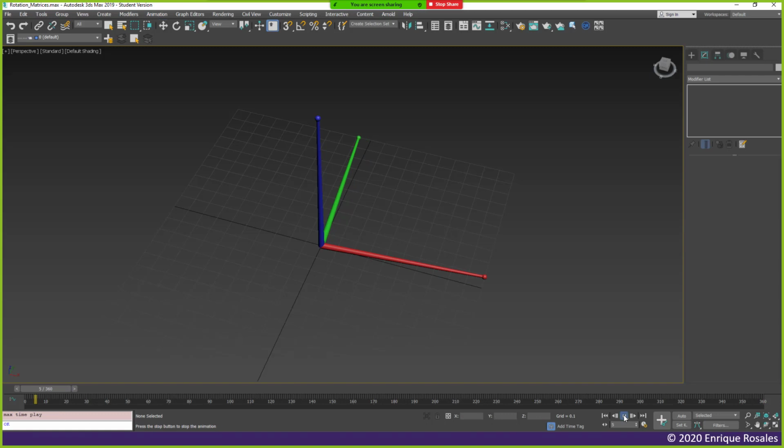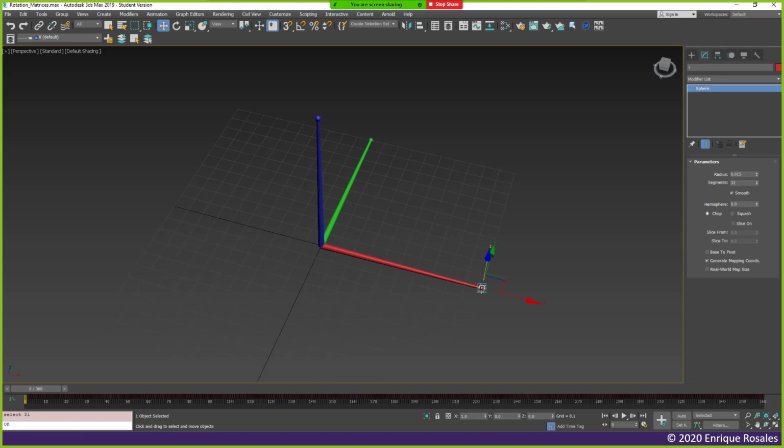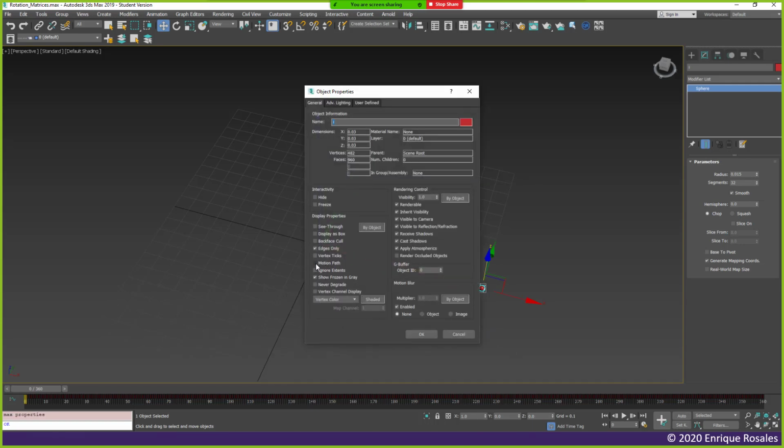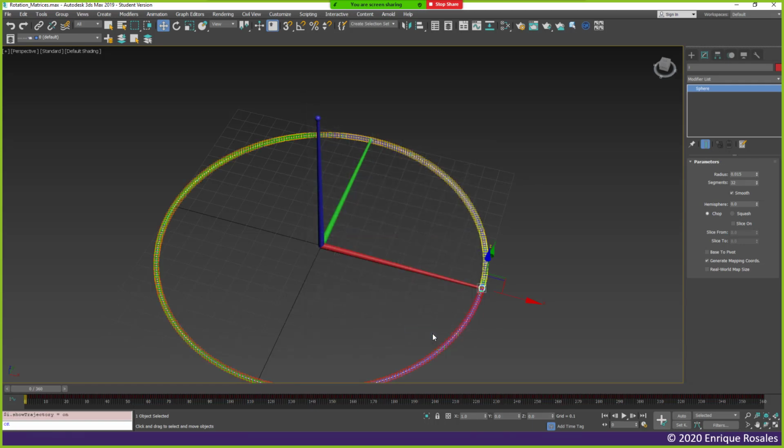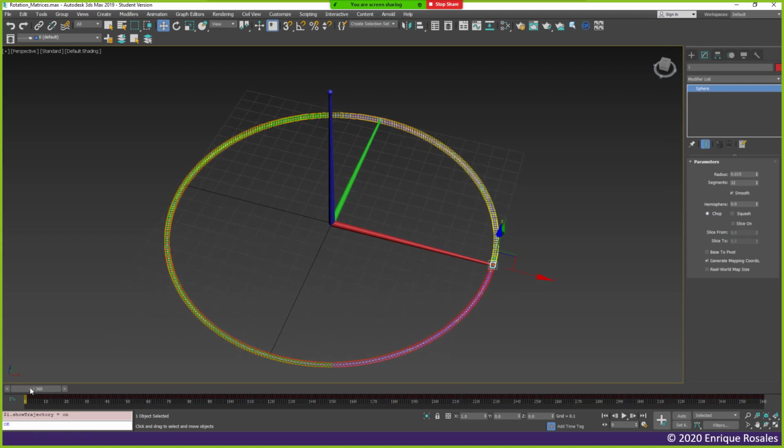And again, if I animate this, give me a second. I can, for example, take this point here, which is the tip of the vector, and ask this software to show the motion path. And as we said, it is a unitary circle, right?